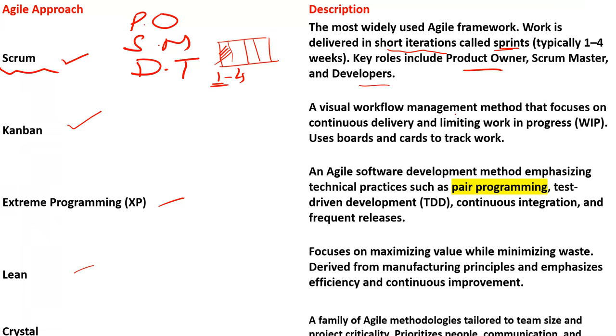Then there is Kanban. Kanban is a visual workflow management method that focuses on continuous delivery and limiting work in process. Usually we use a board. You have seen in restaurants nowadays there is a screen with different columns.